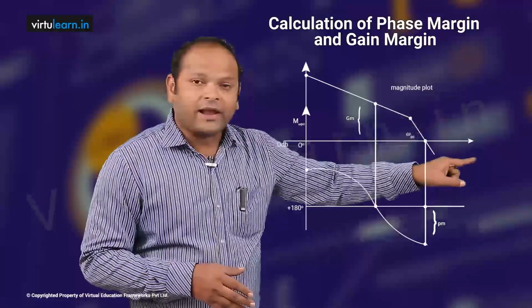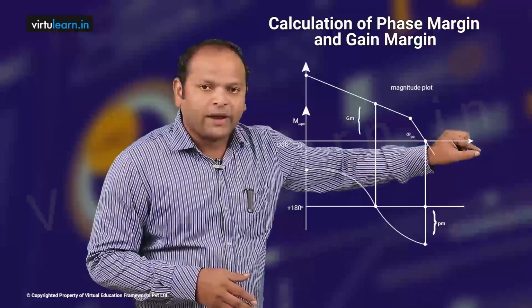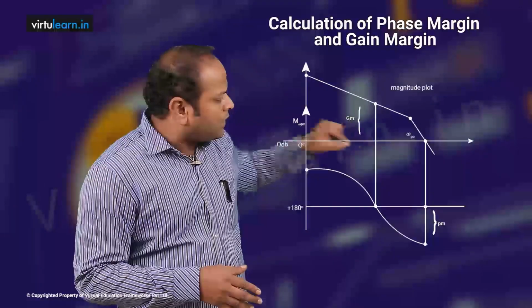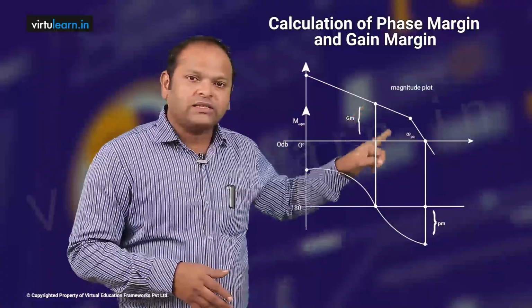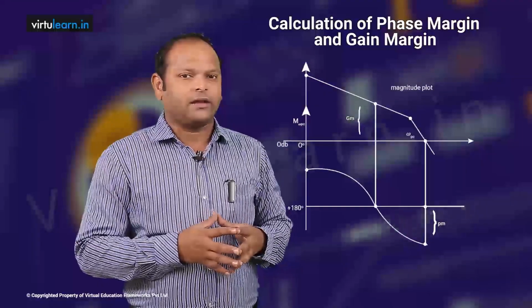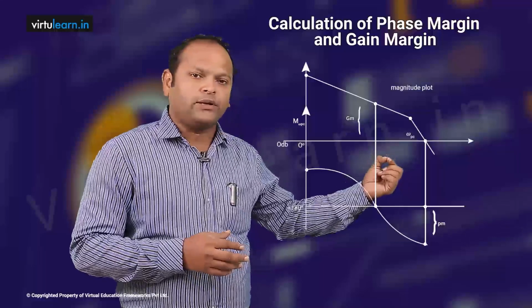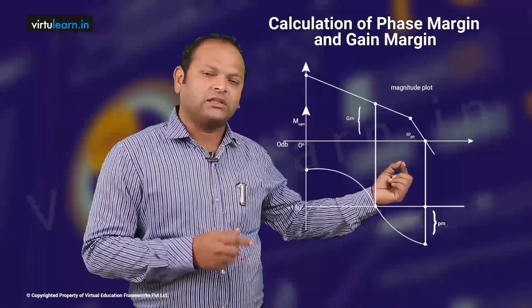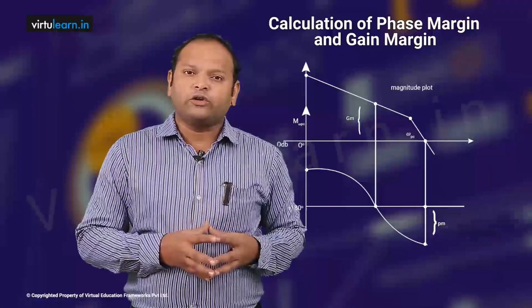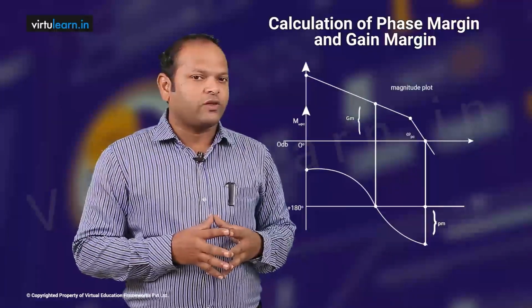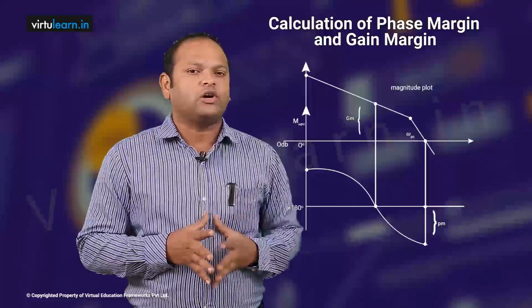I'll look at where minus 180 degrees is. So here I have minus 180 degrees, and you look at where your phase plot intersects the minus 180 degrees line. For that particular point, what is the frequency? That frequency is the phase crossover frequency. And we know that using the phase crossover frequency, we can find the gain margin of the system.